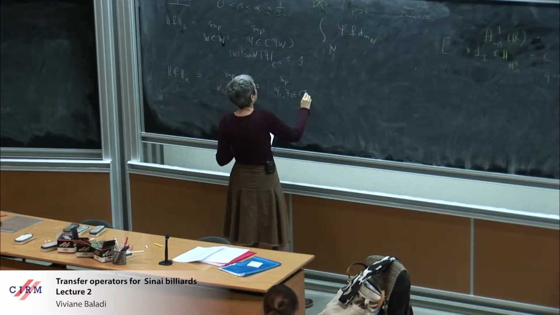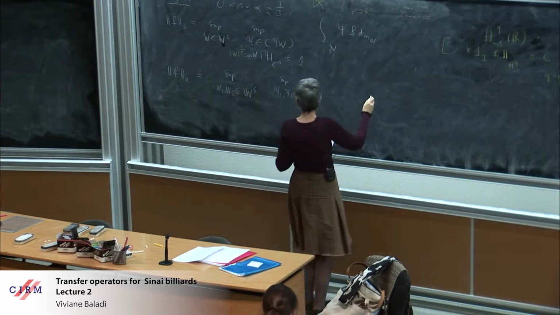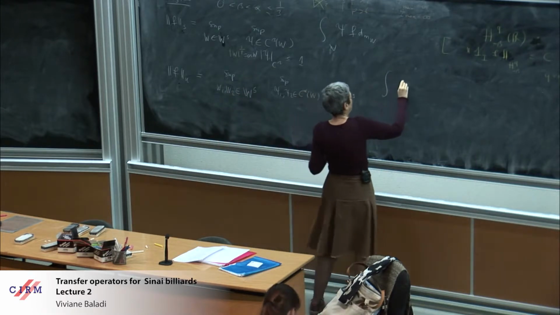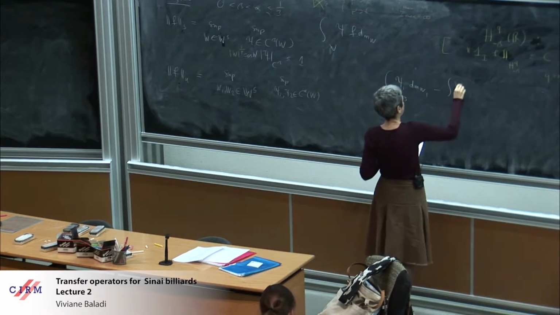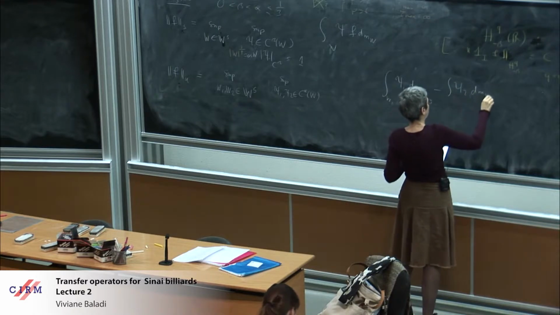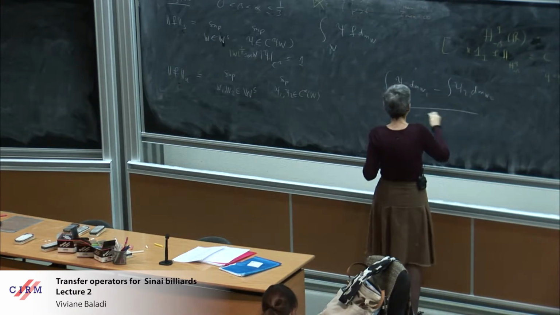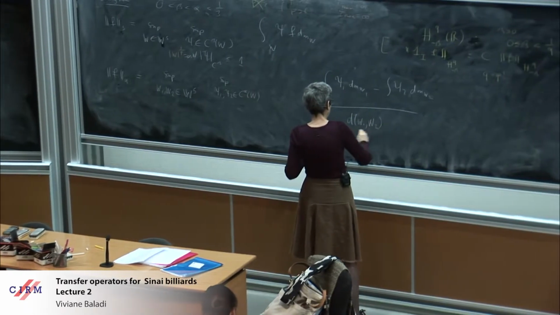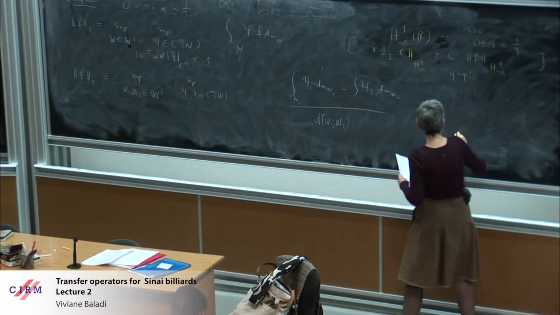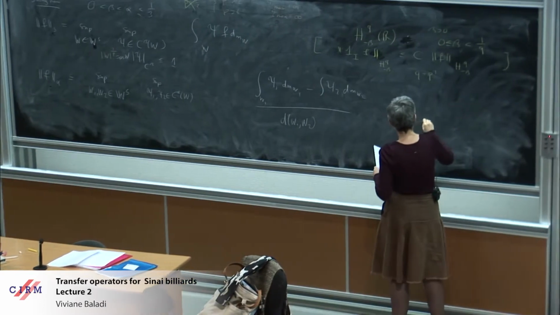And I can use alpha here, extremely important. And I put psi 1 dm_w1 minus psi 2 dm_w2. And I divide by the distance. And I'm not going to give you the formal definition of the distance, but you can imagine that these are just curves in the plane.